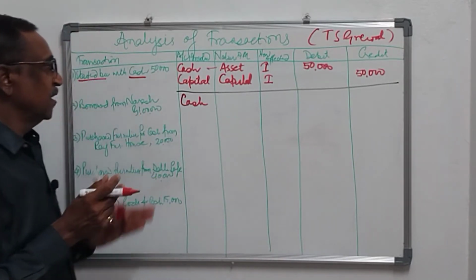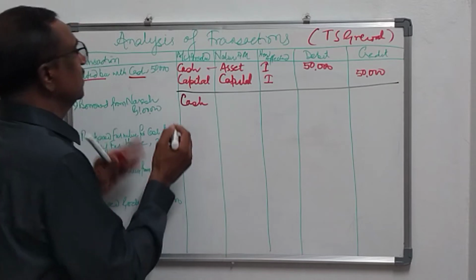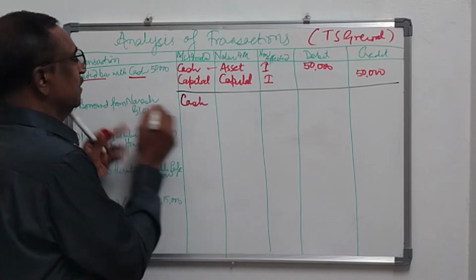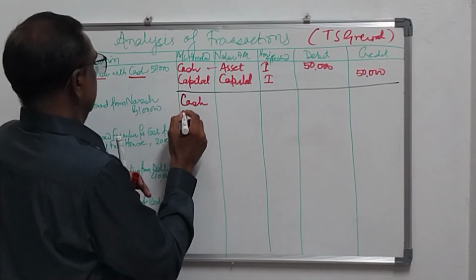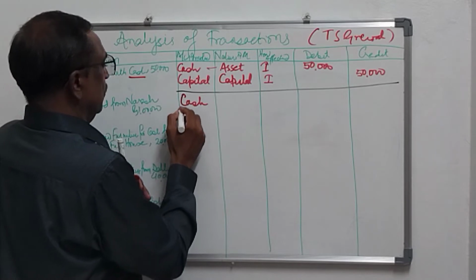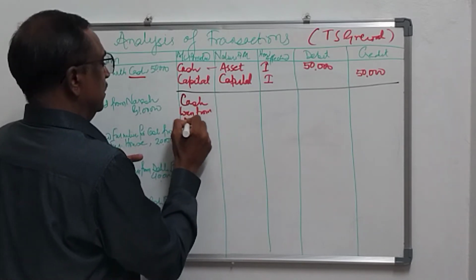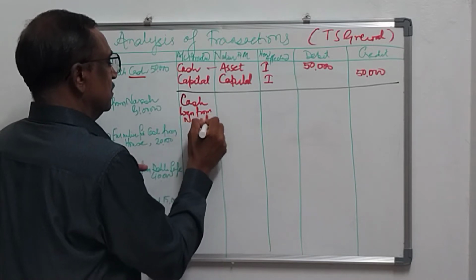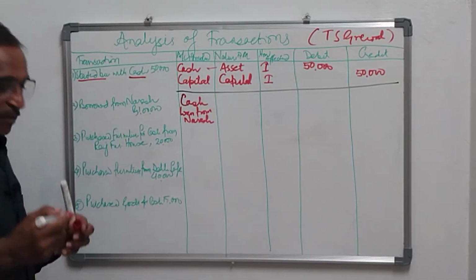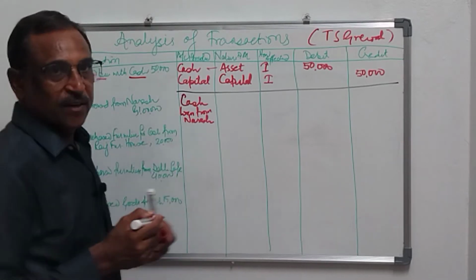So it is your liability. Liability means the account involved will be loan from Naresh. Okay, two accounts involved are cash and loan from Naresh.